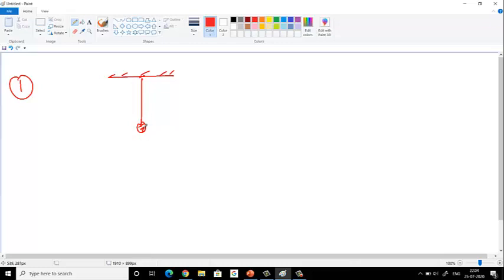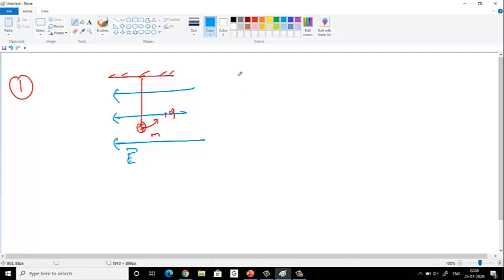There is some plus charge on it, and it has some mass also. Now, if I keep this entire setup in an electric field, the direction of which is not given, I'm taking it this way, you can take it the other way also. It is a uniform electric field, and we have put this entire setup in it.